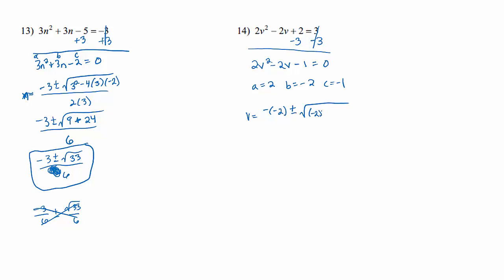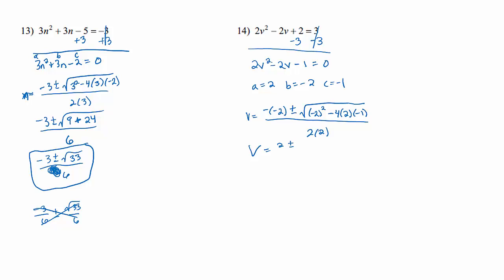And then we've got -4 times A times C, and it's all over 2A. So what I want to do is make this negative turn into a positive. And I want to say 4 plus 8, which is 12. And then on bottom, I've got a 4.